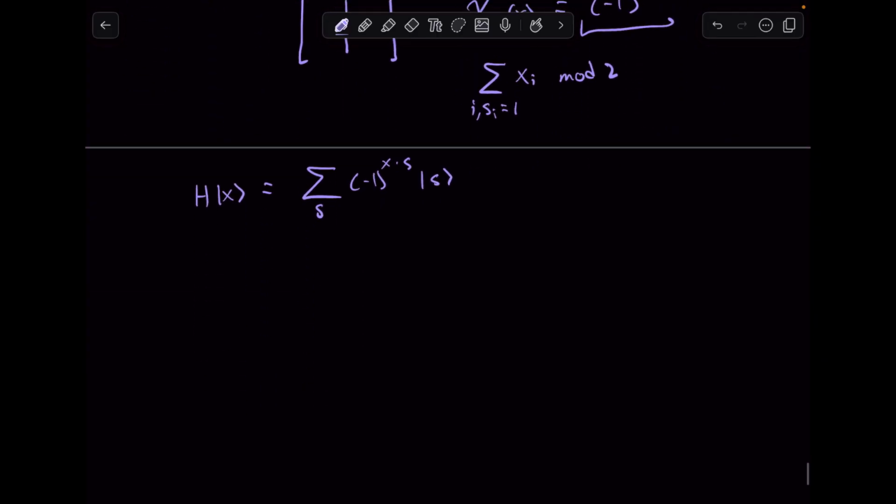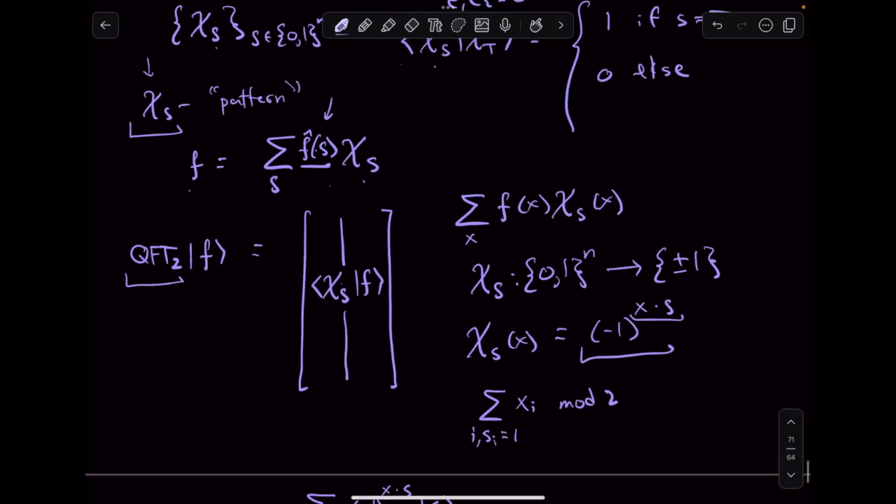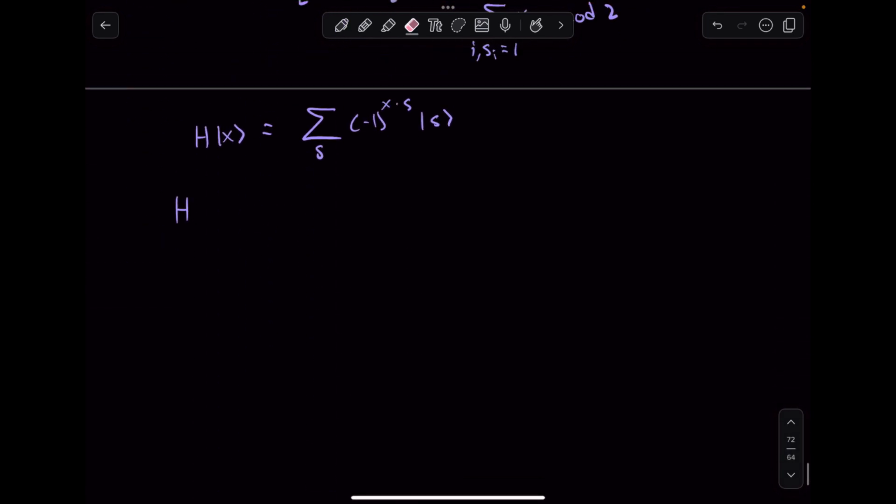So let's do that and let's see exactly what we get. So first, this function f, you can write it as a vector, you can write it as a sum over computational basis states, because each computational basis state is just a one hot vector. It's a 1 in that particular position and 0 everywhere else. So you can just sum over all those values and express the exact same thing.